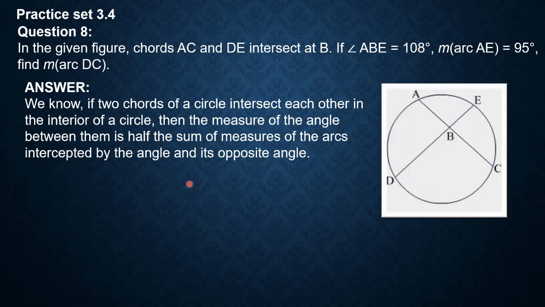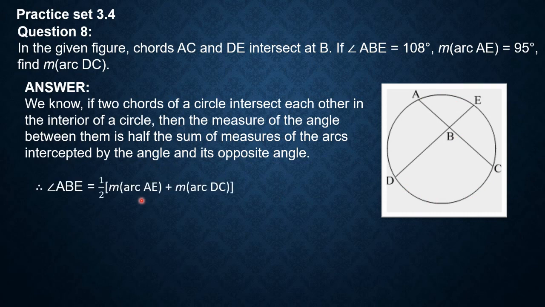So angle ABE will be half of measure arc AE plus measure arc DC. We'll be using this property to solve the sum.